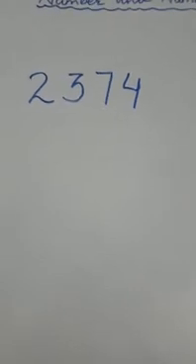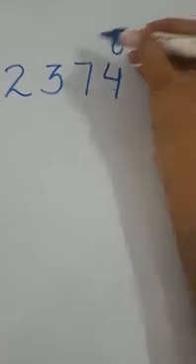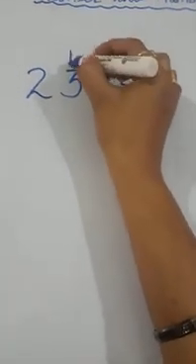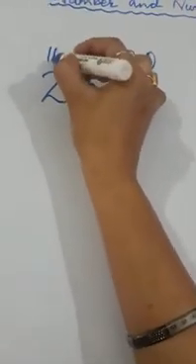So, our first step is to put the places on the number, and we have to start putting the places from the right side. From here: ones, tens, hundreds, thousands. Now, it is very easy to read this number.